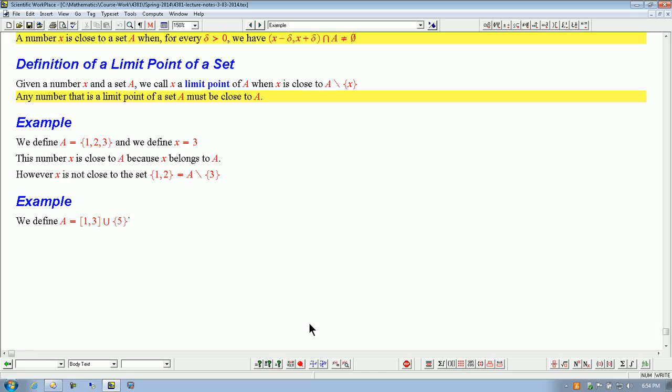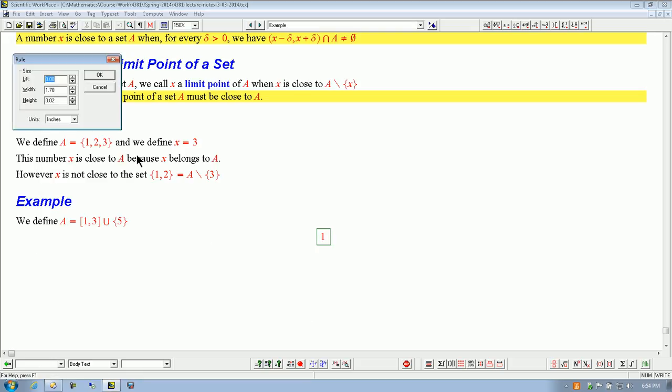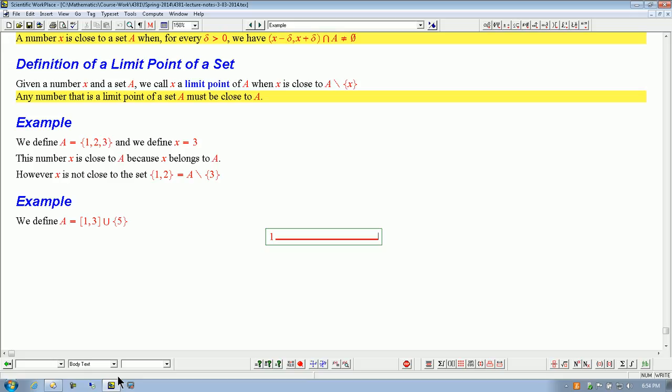And I will show you what this looks like in a little picture. So here is the number 1, and here is a bit of number line, and here is the number 3, and here is 5. You understand?